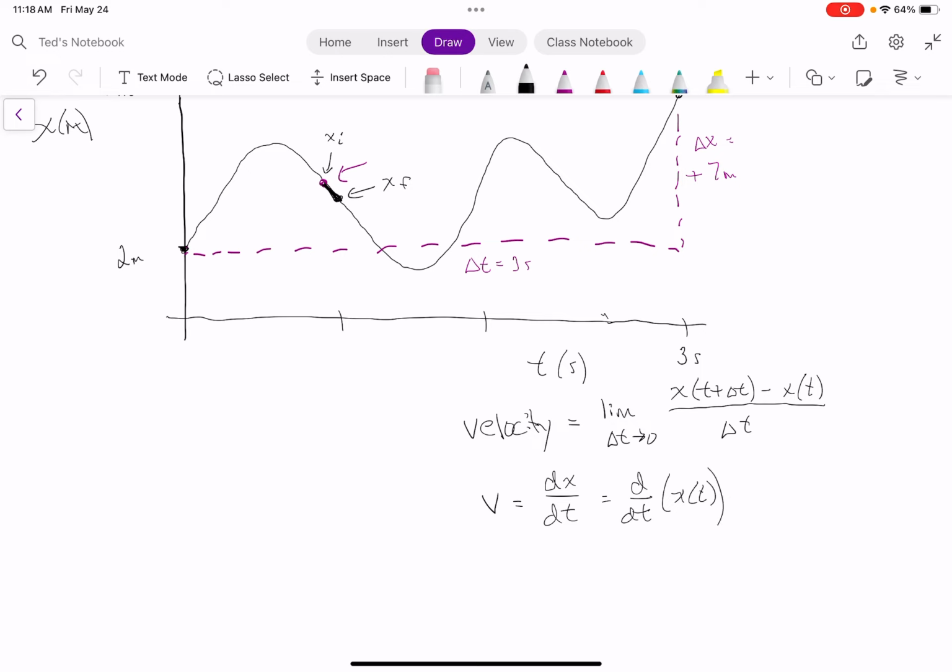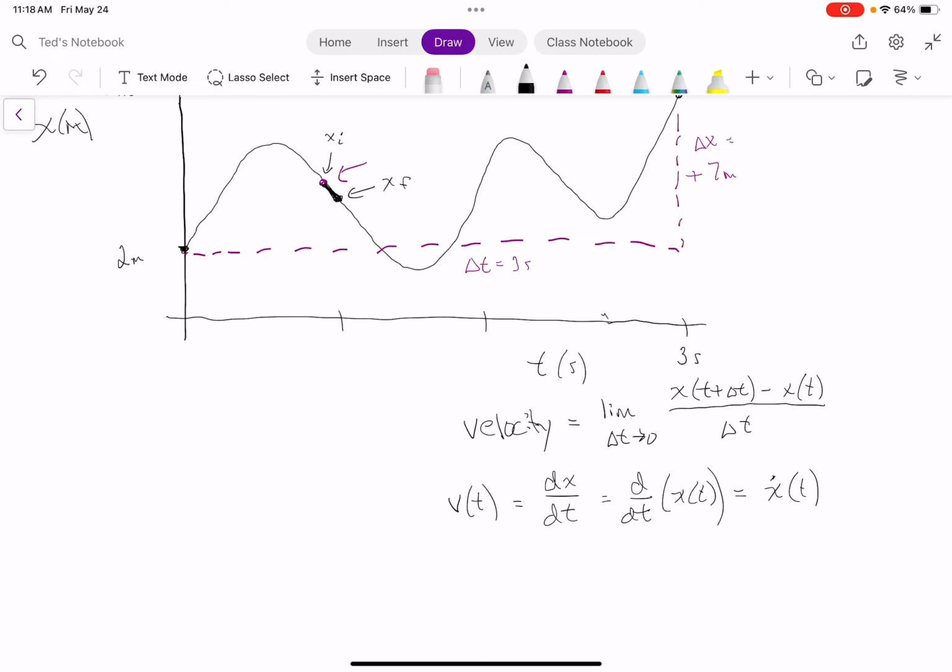We can write this as dx dt, or we can write this as x dot of t. X dot means the derivative with respect to time. And all of these will be equal to the velocity of the object.